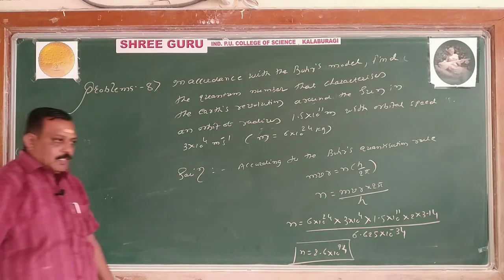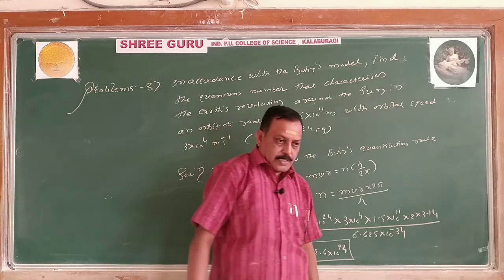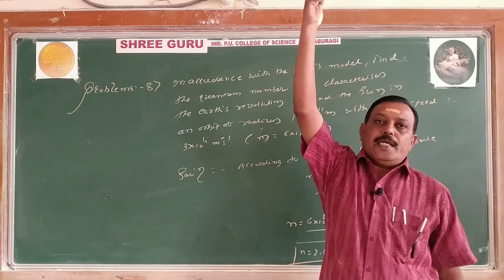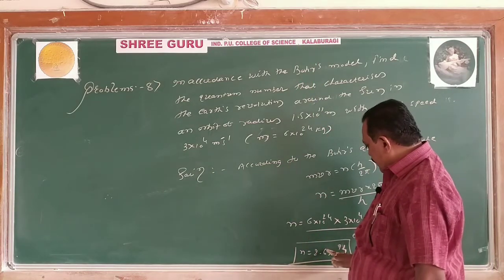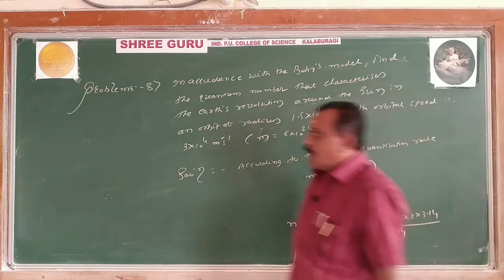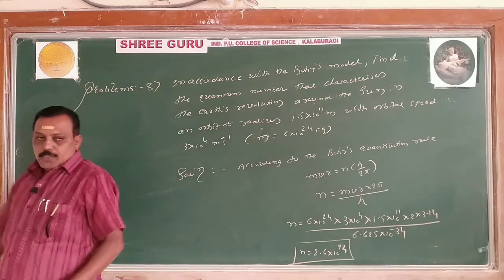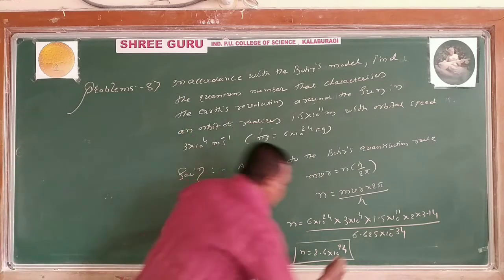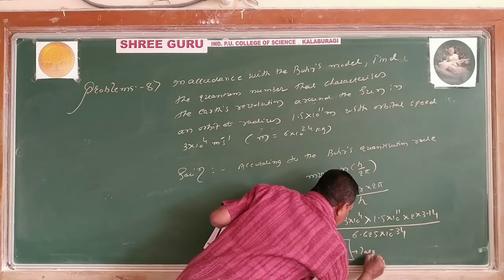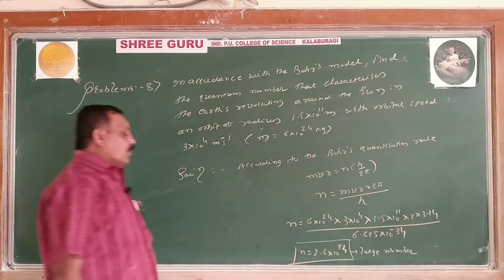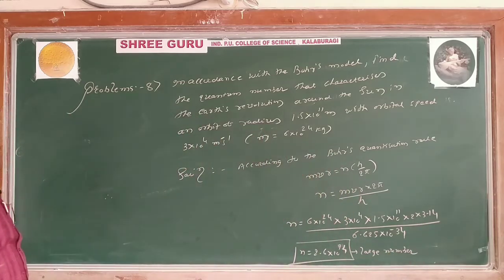that is, Bohr's atom model is meant for the hydrogen atom. The electron in hydrogen is in the ground state, that is n equals 1. It can jump to any higher orbit. What is the highest orbit here? We consider 2.6, which is nearly equal to 3. This is a very large number, 10 to the power 74, so 2.6 is nearly equal to 3.